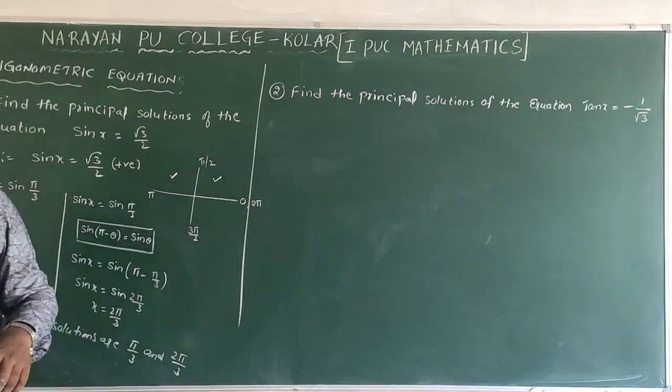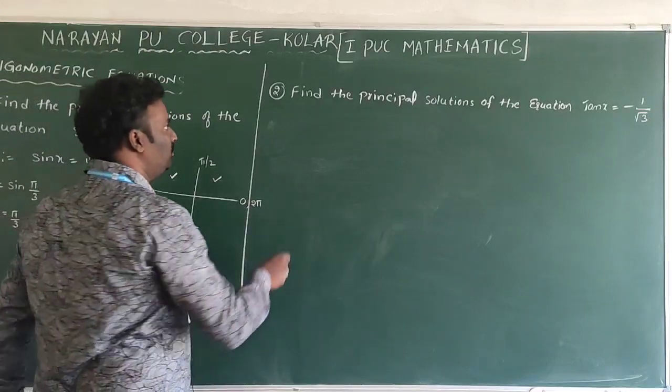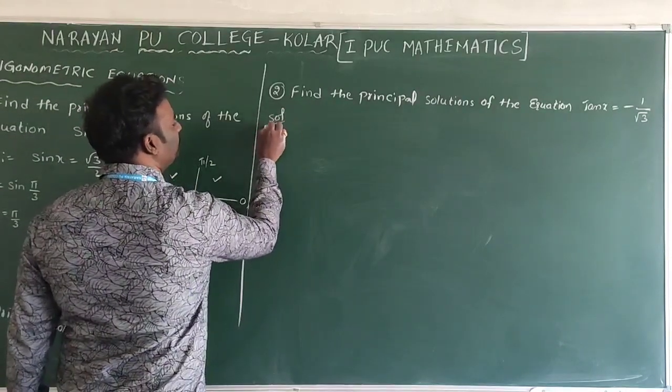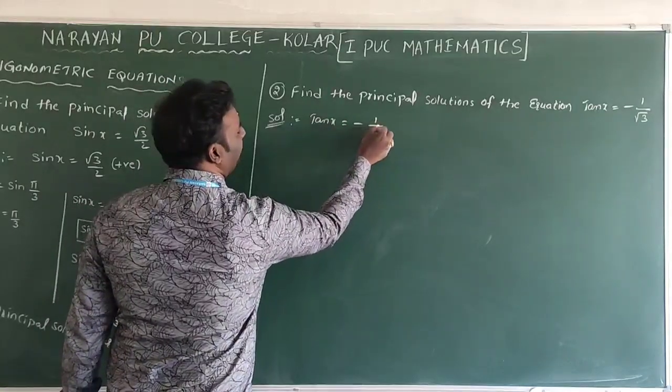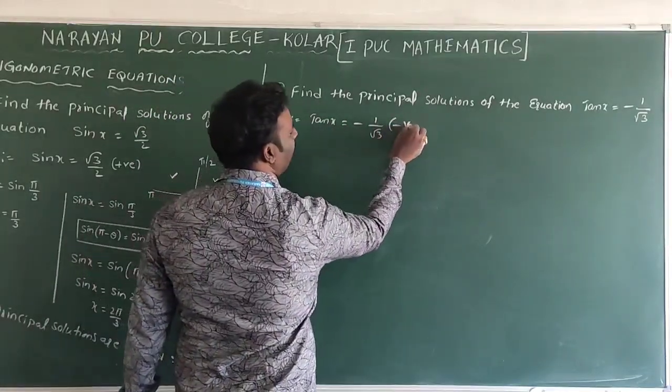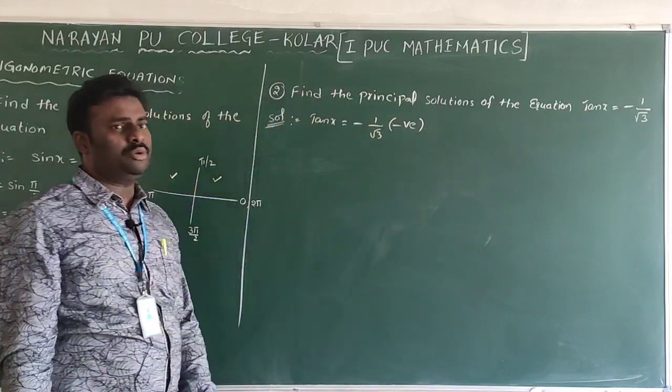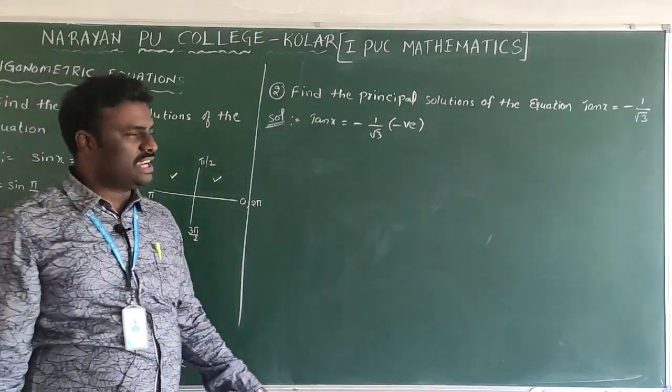See here, the function is tan. Tan is negative. Why is the minus symbol there? According to the ASTC rule, tan is negative in which quadrant?